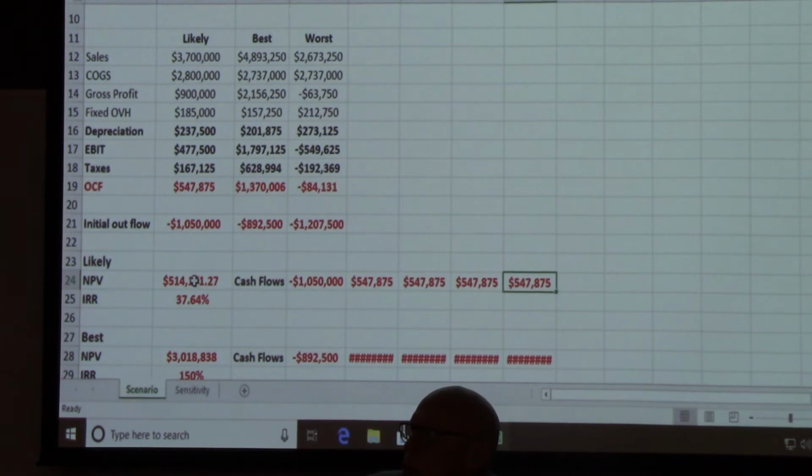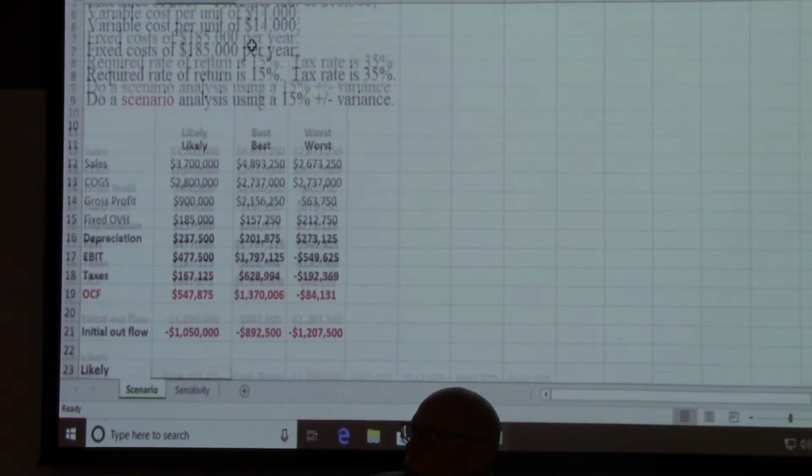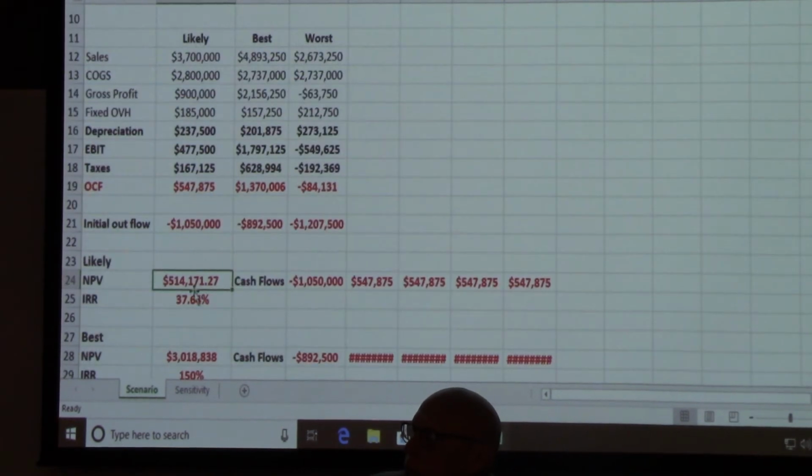So we go here and we put equals NPV, and the 15% is your discount rate. Then you put in the cash flows, which is E24 through H24, and then add in the negative CF0.